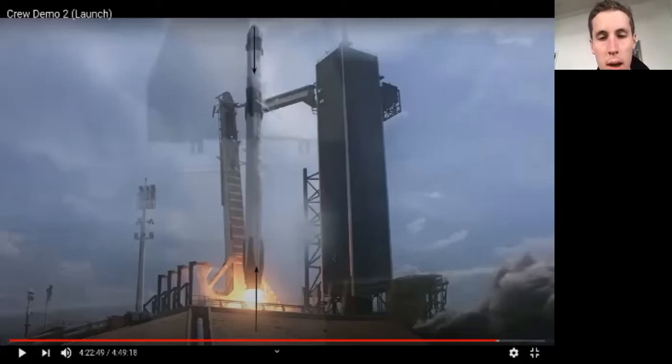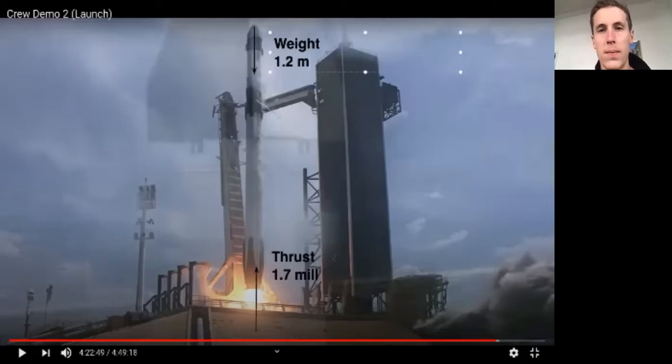So we have here thrust 1.7 million, and here weight equals 1.2 million.